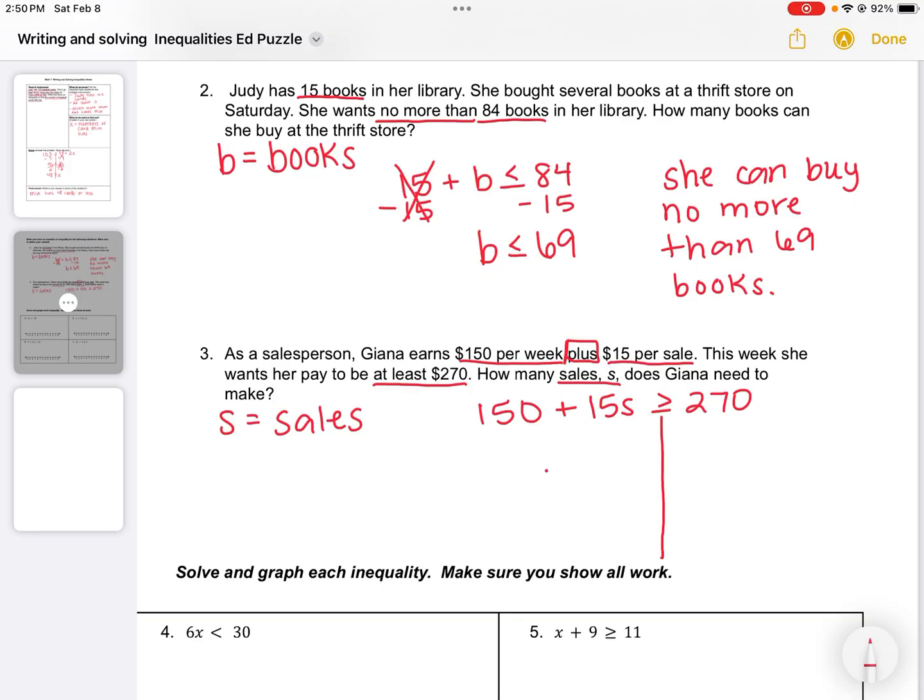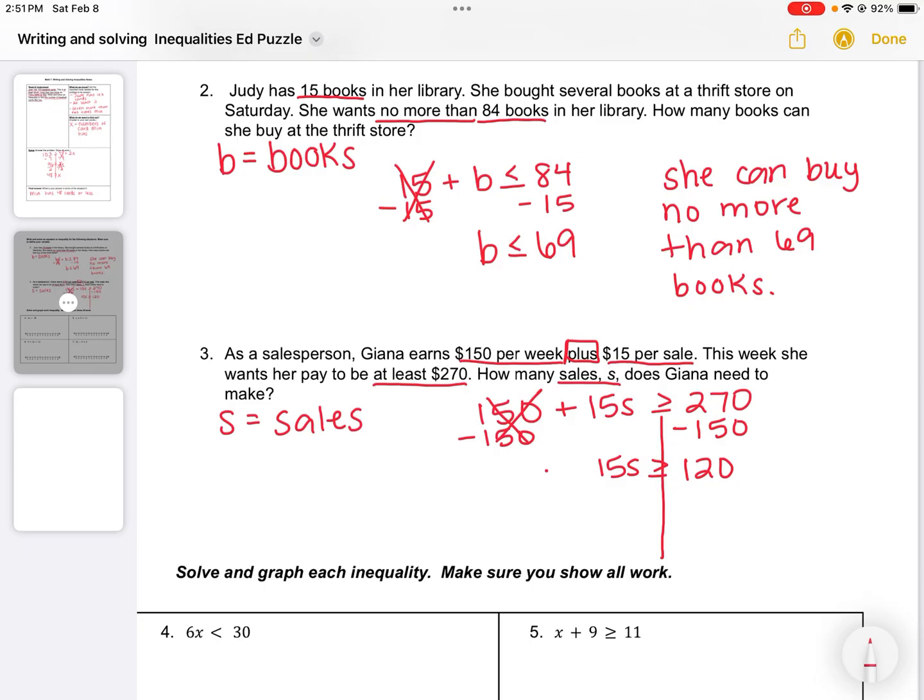Because I see addition, I want to do the inverse operation, which means I'm going to subtract. Here is subtracting 150 on the left side, and here is 150 being taken away from the right side. When I do, these cancel. My 15S comes down. My sign has stayed the same, and 270 minus 150 gives me $120 left over.